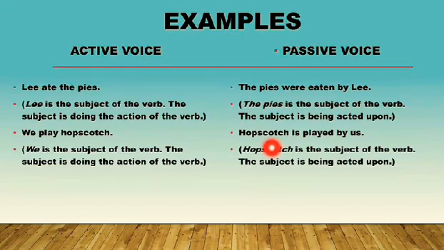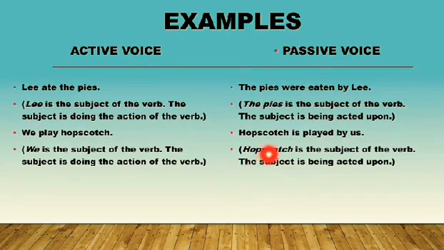The object comes in the place of the subject, and the subject of the active voice goes in the place of the object, which is the same thing happening here.